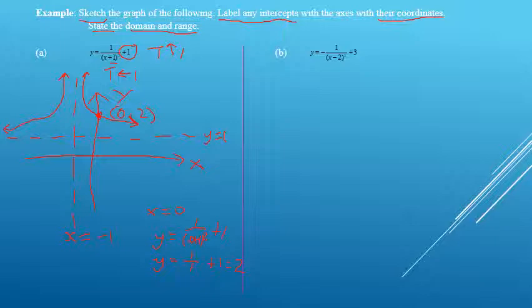So we're asked to sketch the graph, labelling intercepts, we've done that. With their coordinates, we've done that, (0, 2). State the domain and range. Well, the domain is what x values we're using in this graph.